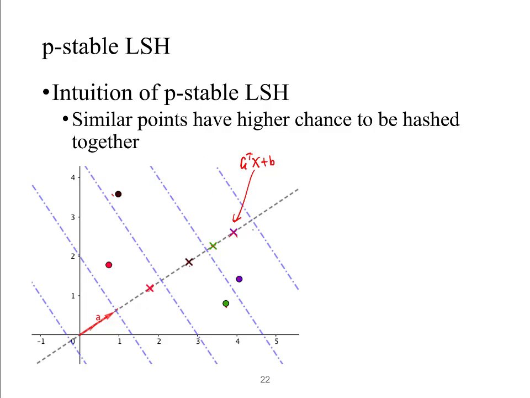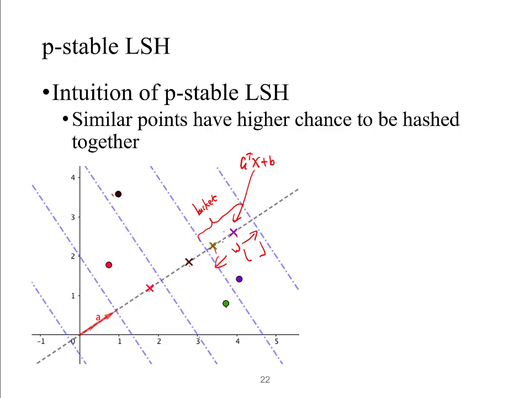All right. So the blue lines here are actually the idea of why we divide by W, and also then with the floor function that makes, say, the blue point and the purple point have the same hash value, as they lie in one partition, or we call it a bucket, because their projections are in the same bucket, so they would have the same hash value.